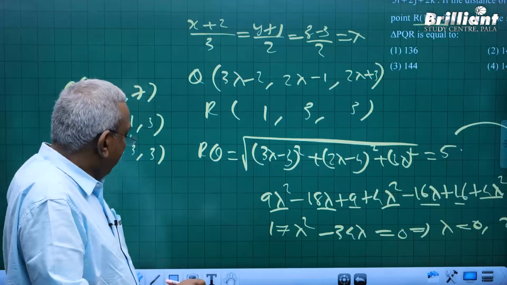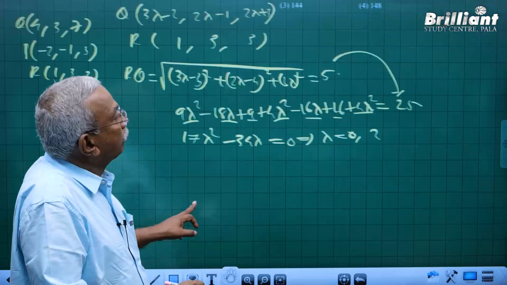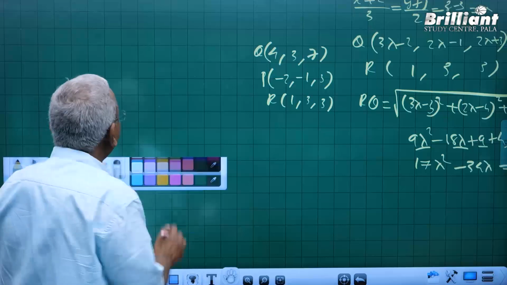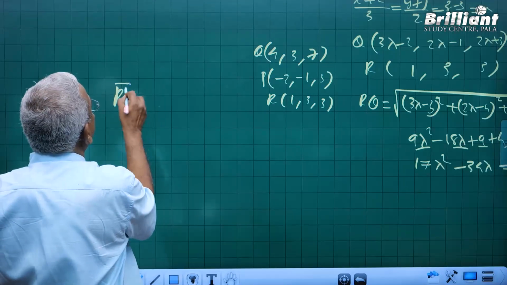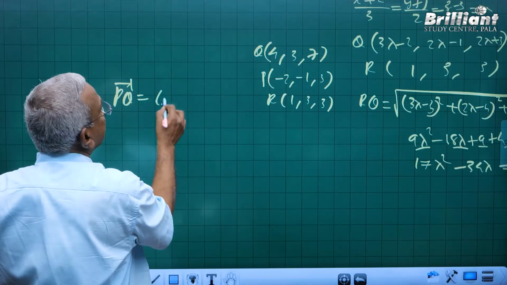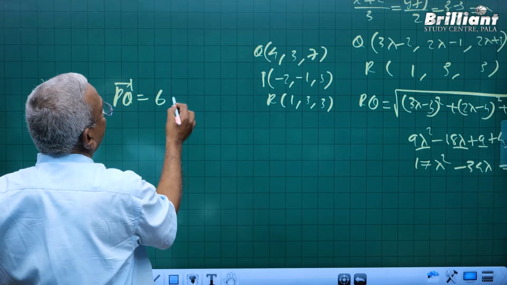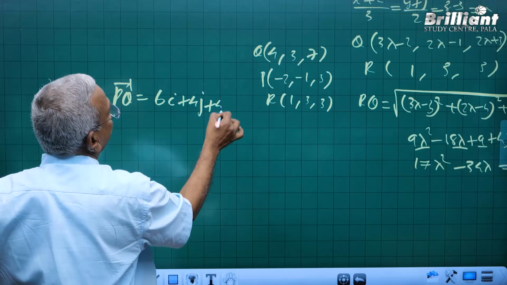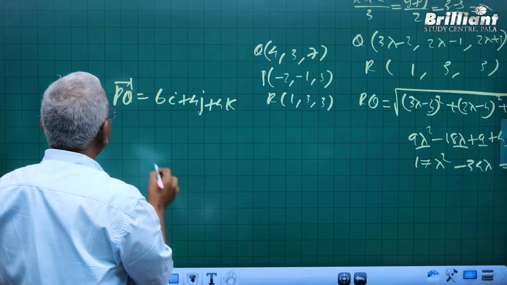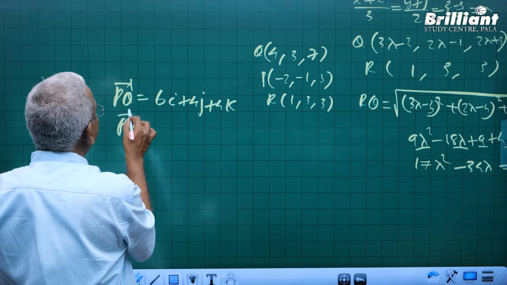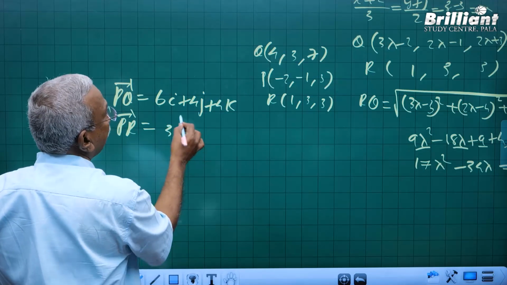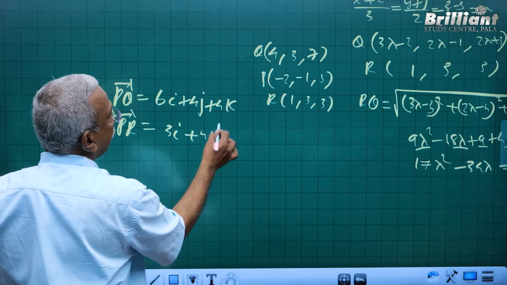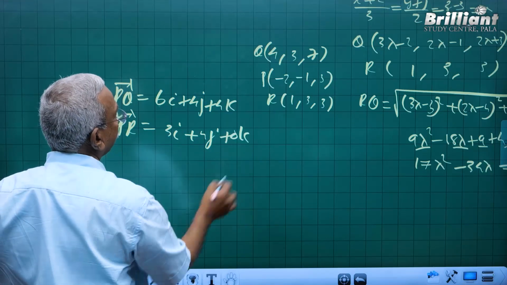Now your requirement is the area of the triangle formed. Vector PQ is equal to 6i plus 4j plus 4k, and vector PR is equal to 3i plus 4j plus 0k.